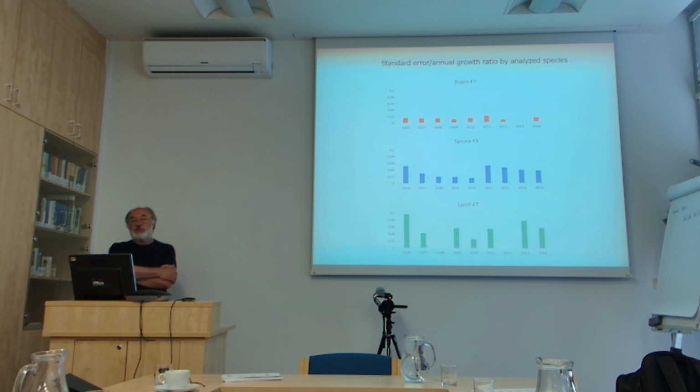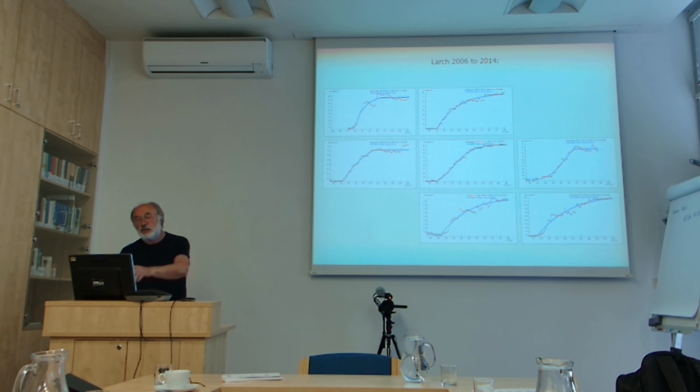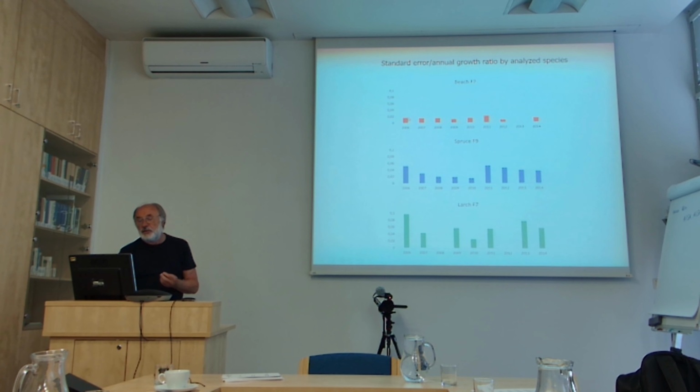In the end, these are the values of standard error of annual growth ratio by analyzed species. That means how big is the difference between this calculated curve and the reality.